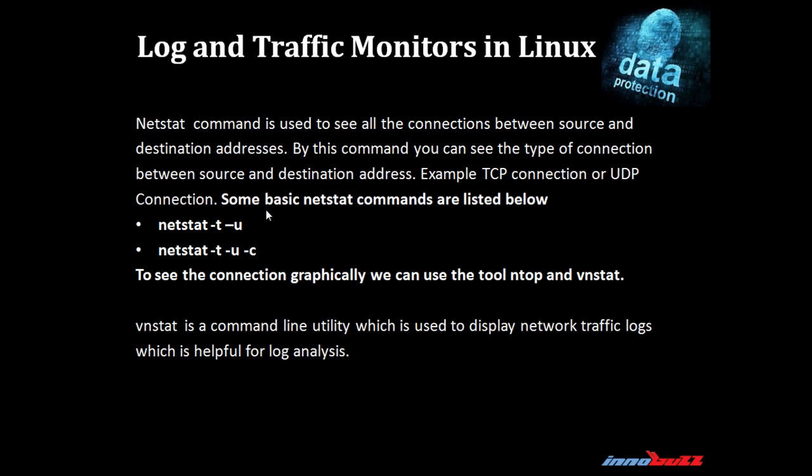Some basic netstat commands are: netstat -t -u and netstat -t -u -c. To see the connections graphically, we can use the tools ntop and vnstat. vnstat is a command line utility which is used to display network traffic logs, which is helpful for log analysis.